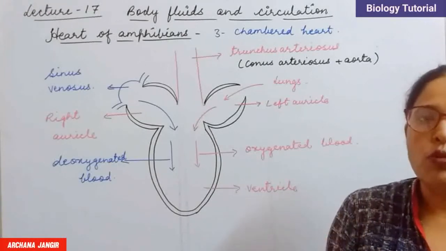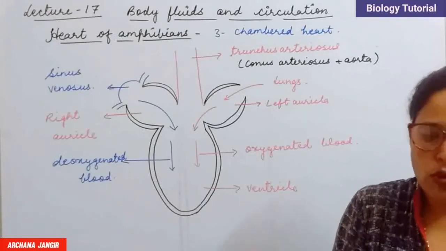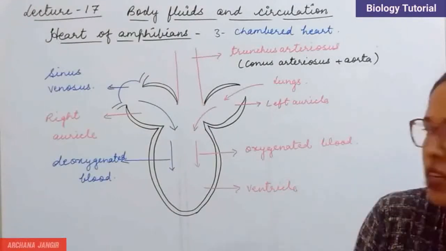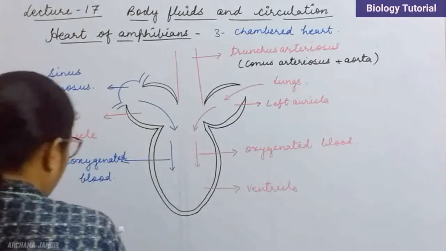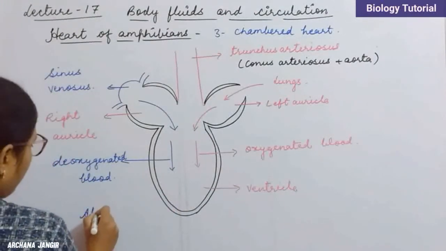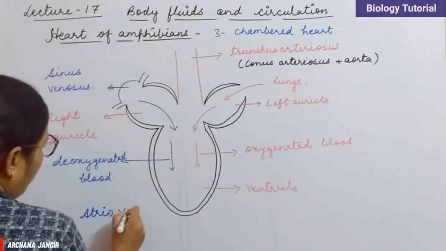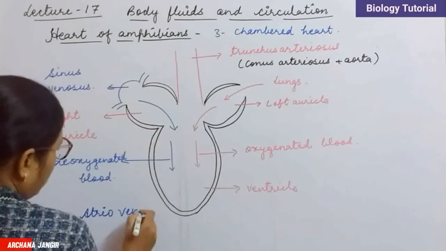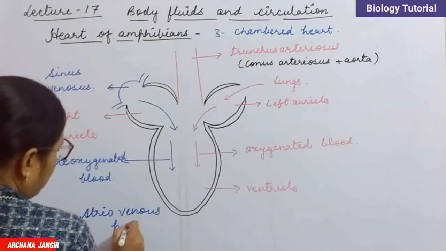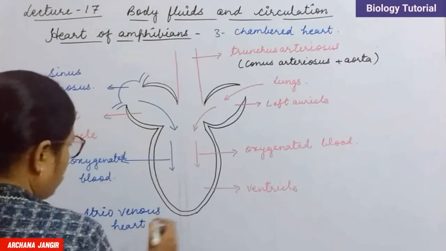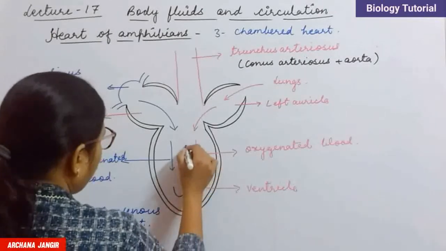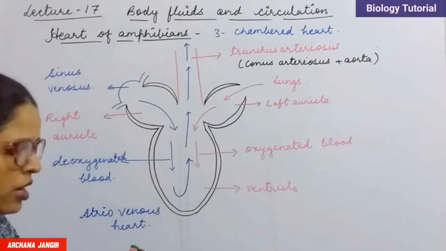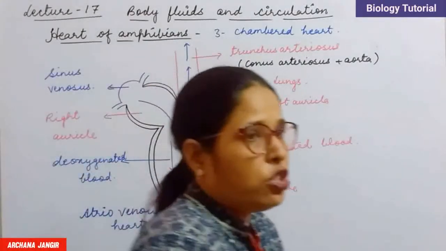The heart in which the mixed blood is going to be pumped is called an arteriovenous heart. This type of heart is called an arteriovenous heart, because it pumps the mixed blood, and this blood goes from the truncus arteriosus to the body tissues.